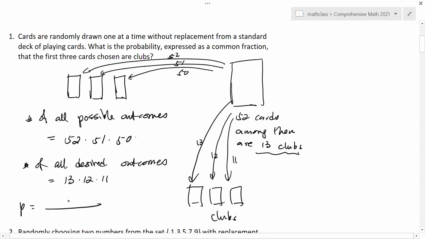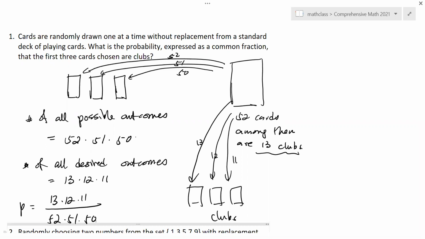So the probability will be the ratio of this. And then you simplify. You know how to simplify. Don't multiply this out.